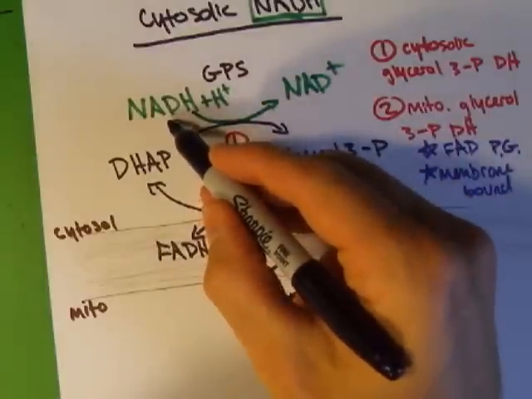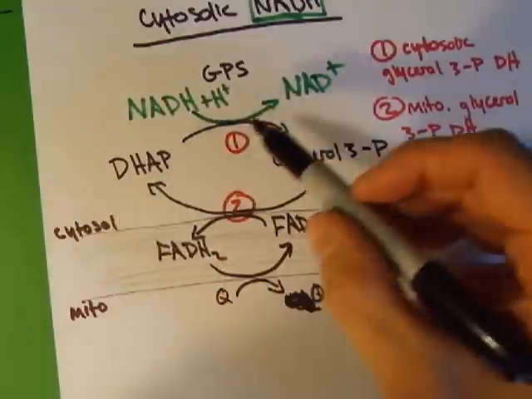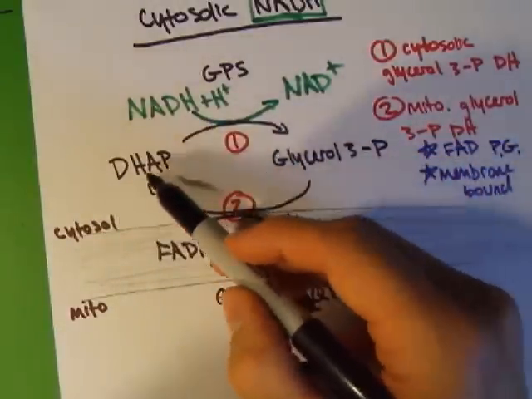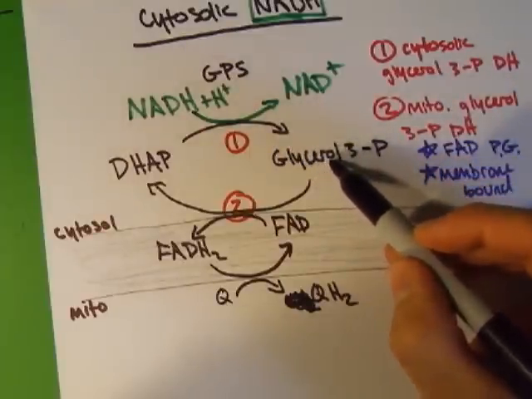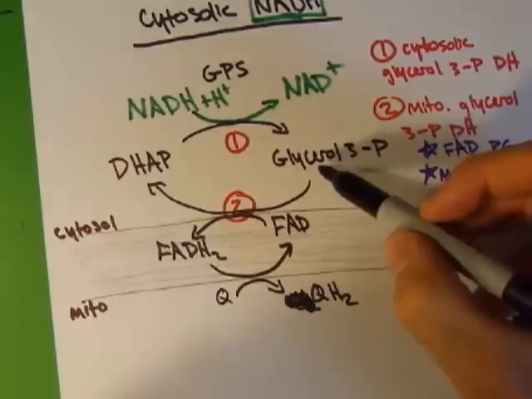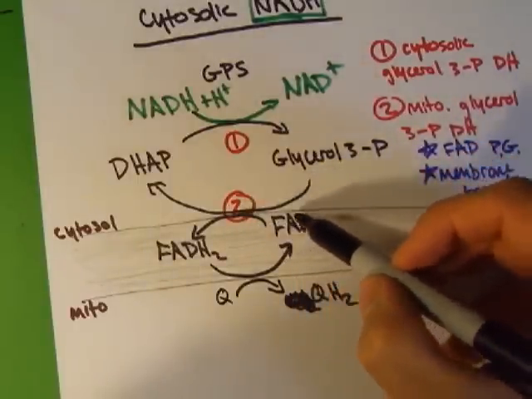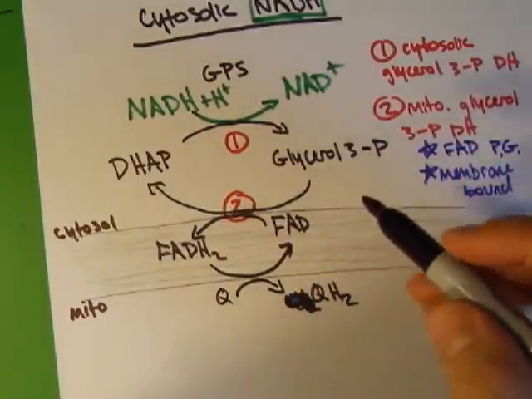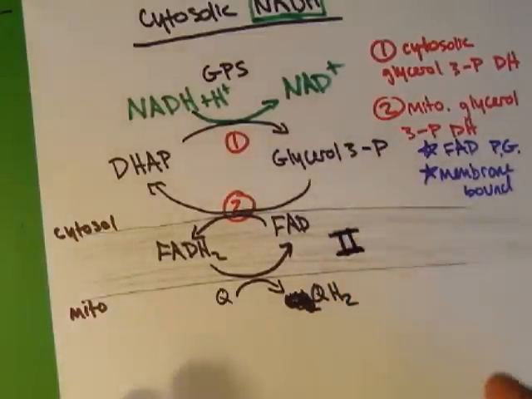You take an NADH plus H in the cytosol, and that binds with DHAP from glycolysis, turns into glycerol 3-phosphate. Glycerol 3-phosphate then passes off those extra hydrogens straight into complex 2. So that's complex 2. Remember, that one's going to get less ATP. We'll talk about that in a minute.